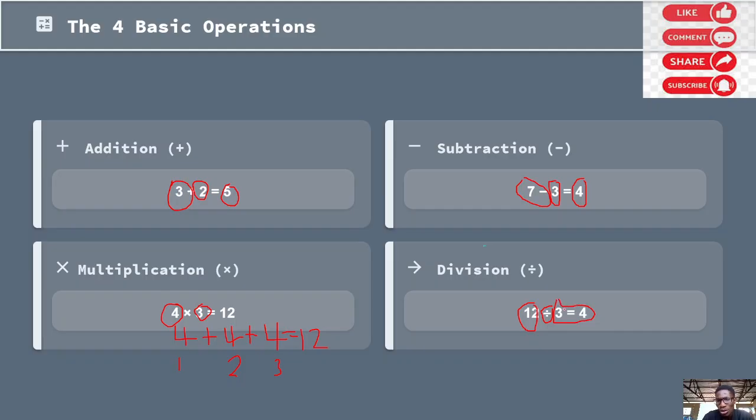So if you have 12 chocolates and you are sharing to 3 people, each of them is going to have 4 chocolates. Each of them is going to receive 4 chocolates each.